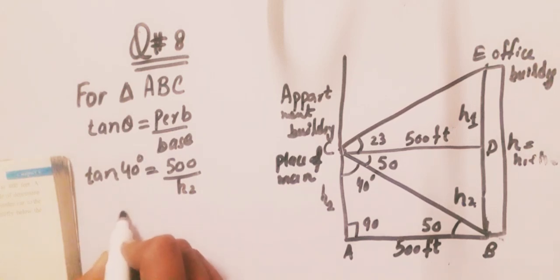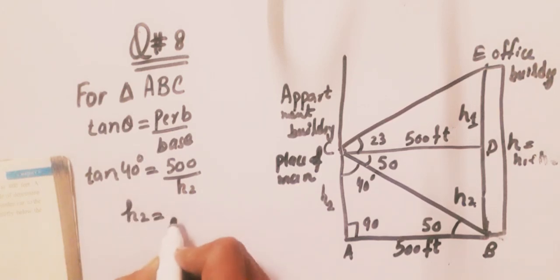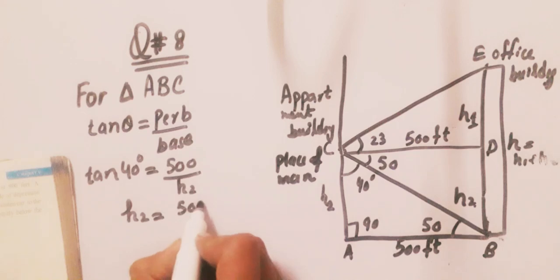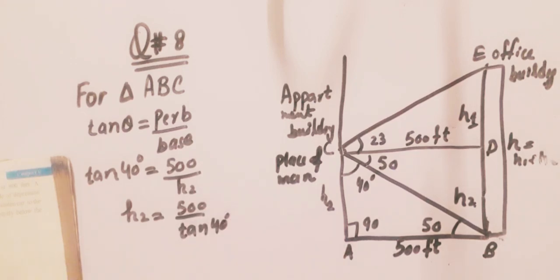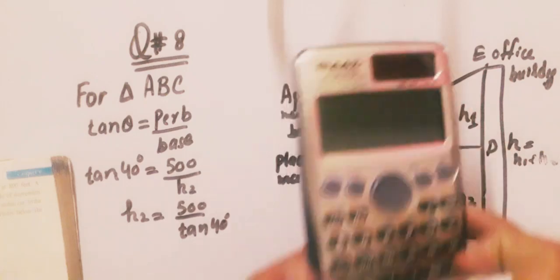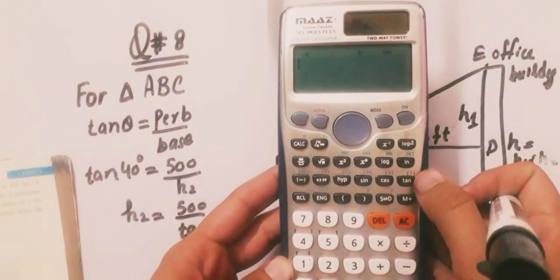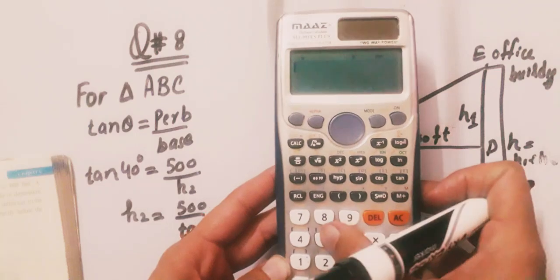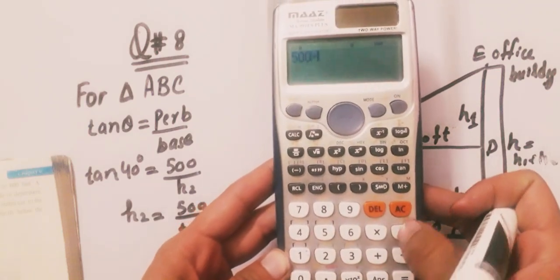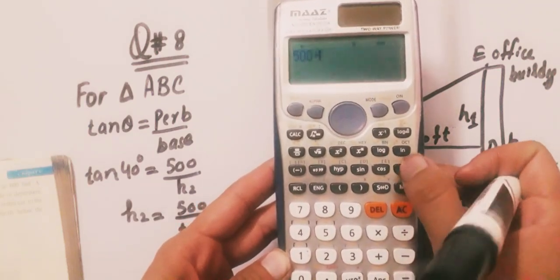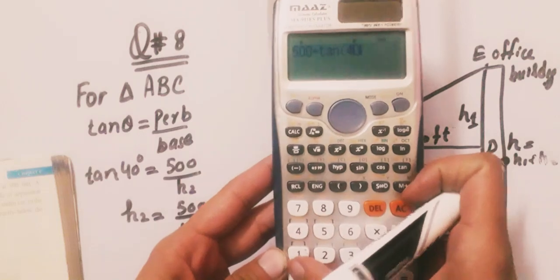So now you will calculate the value of h2 by 500 divided by tan 40 degrees. Now with the help of a calculator you will solve this. 500 divided by tan 40 degrees.